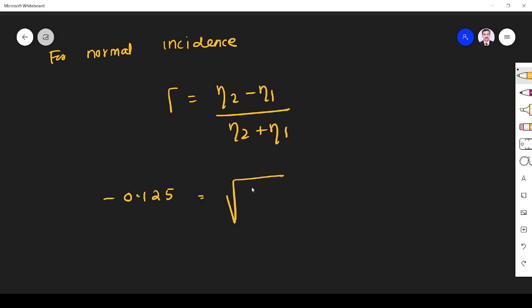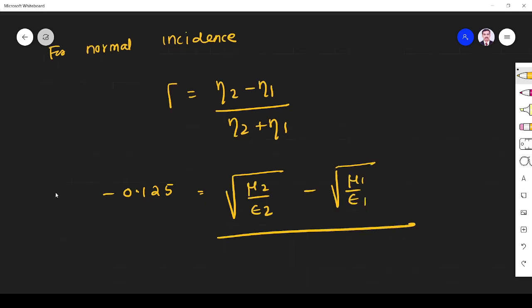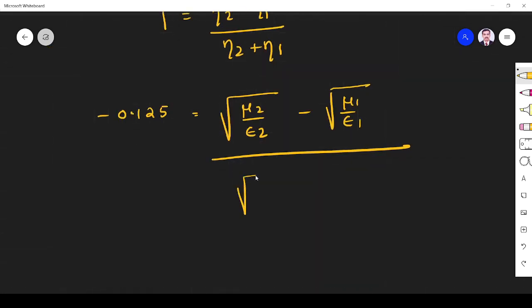We know the relation between eta and mu and epsilon. So the reflection coefficient is root of mu 2 by epsilon 2 minus root of mu 1 by epsilon 1 divided by root of mu 2 by epsilon 2 plus root of mu 1 by epsilon 1.